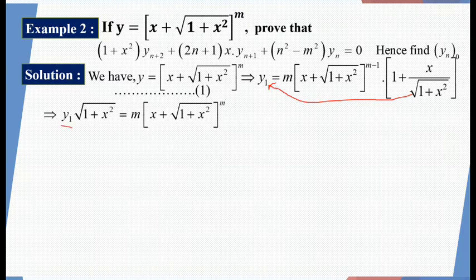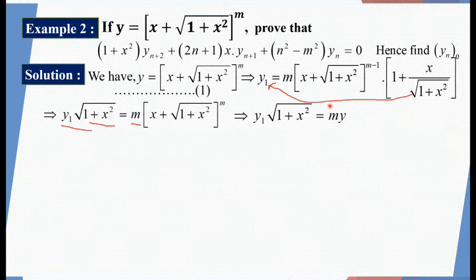So y1 square root of 1 plus x square is equals to m into x plus root 1 plus x square power m, but this is y, so we can write it as y1 square root of 1 plus x square is equals to my.